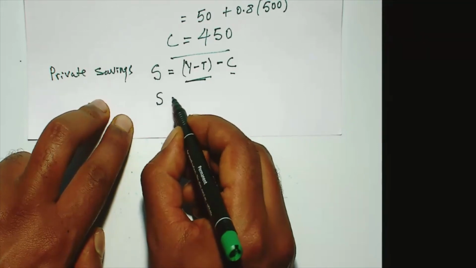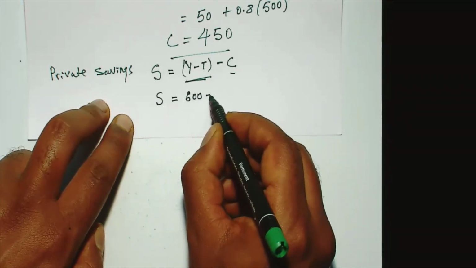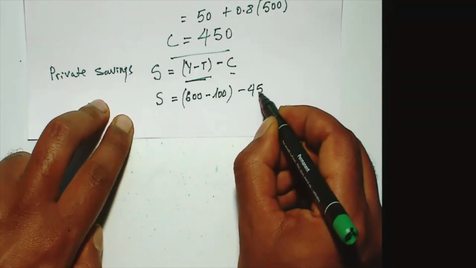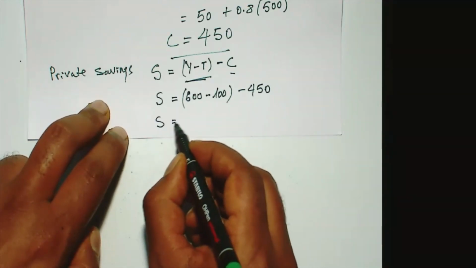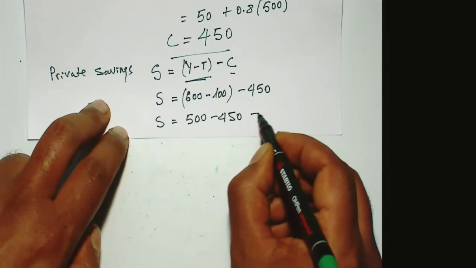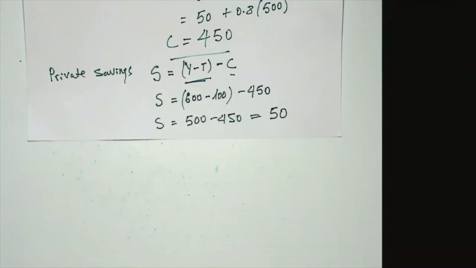So here, saving would be Y is 600 minus tax 100 minus 450, which is 500 minus 450, giving us 50 monetary units, which should be considered as private savings in the economy.